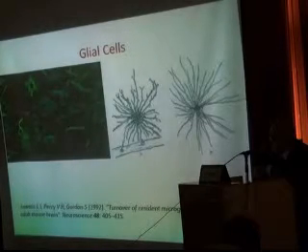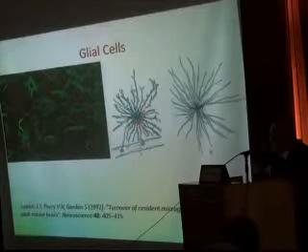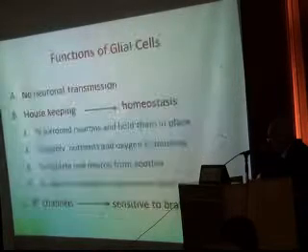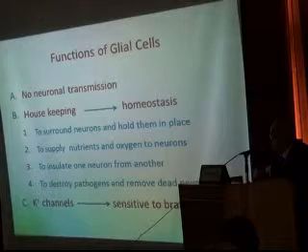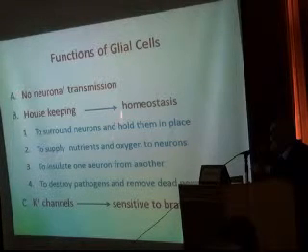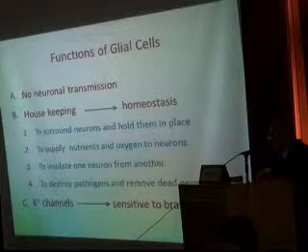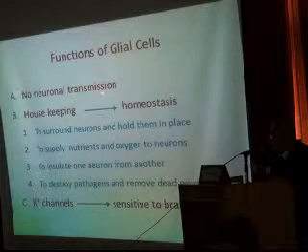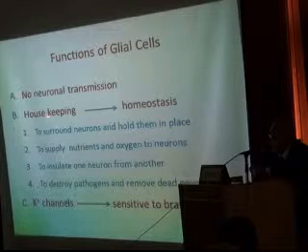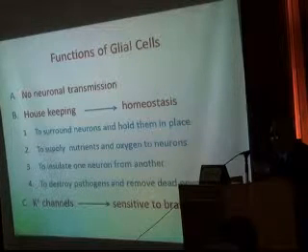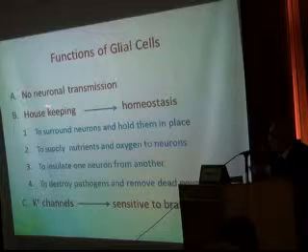Here are the glial cells, branched cells present in the central nervous system, and we have to remind ourselves of their functions. They have no role in neurotransmission, but they are doing housekeeping, in common language.